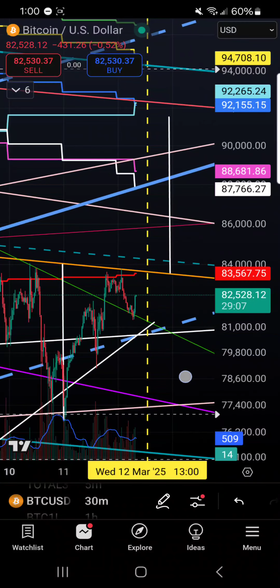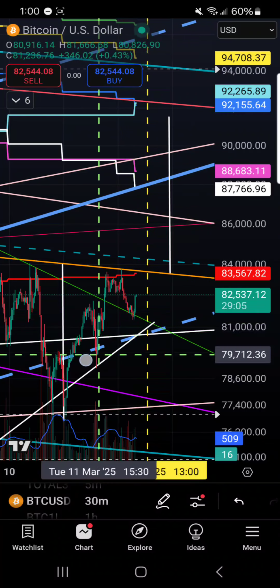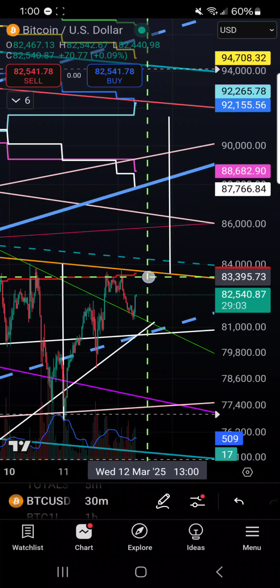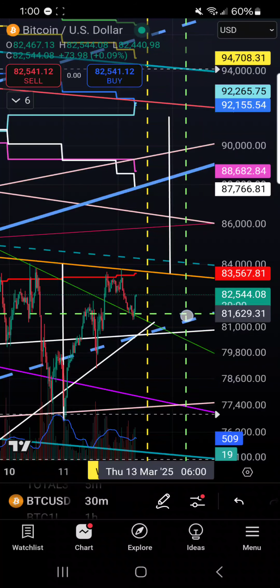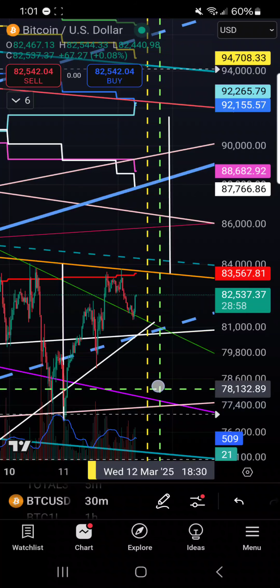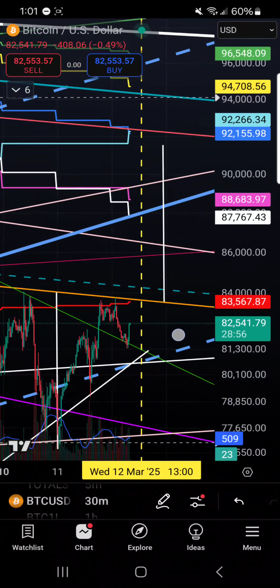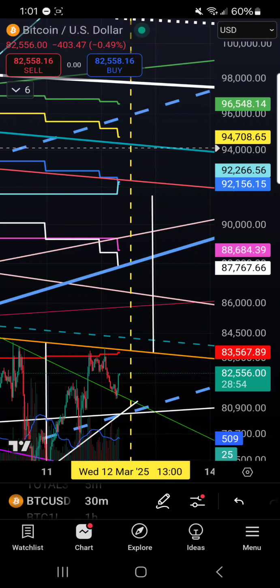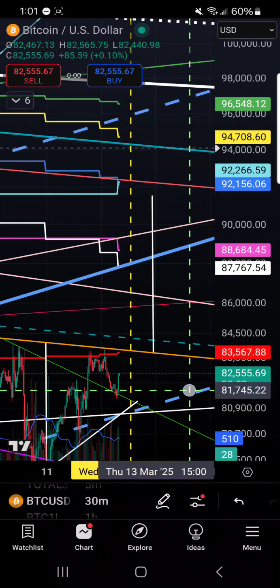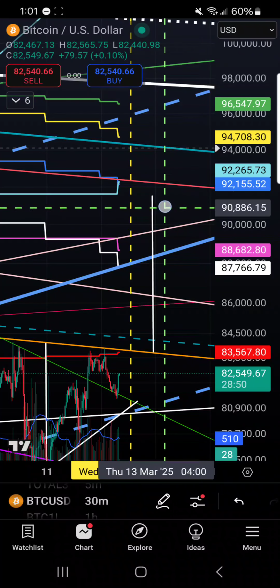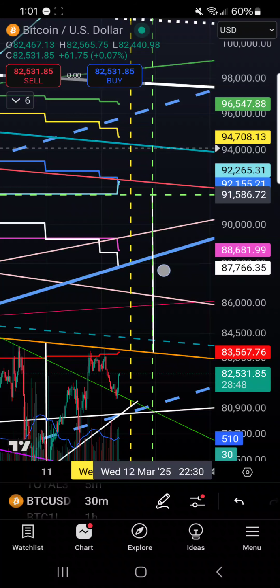Now this makes a lot of sense, because heading into the CPI data right here, the yellow vertical line represents the CPI data release, and I knew this was going to play out.